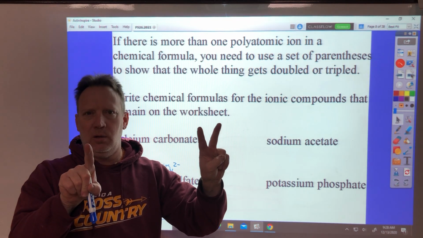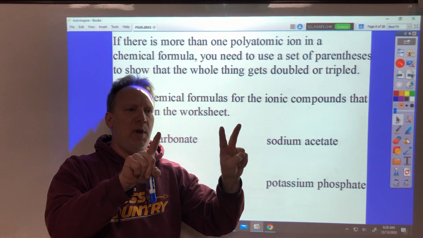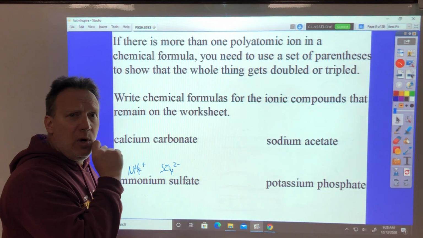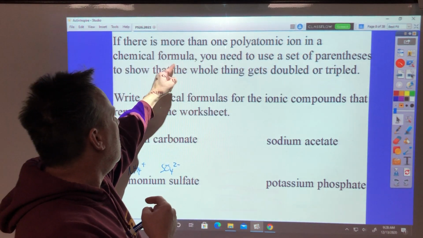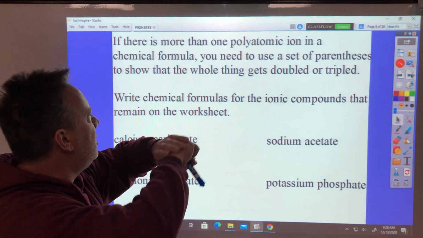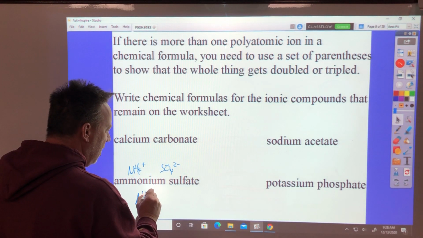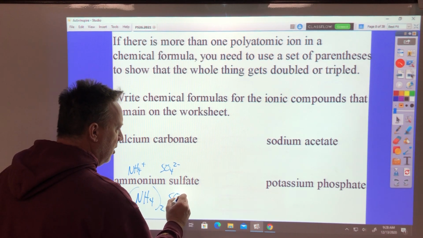This doesn't match. How do we make these match? I need another ammonium. I need 2 of them. Well, how do I show that? If there is more than 1 polyatomic in a chemical formula, you use a set of parentheses to show that the whole thing gets doubled or tripled. So this one is NH4, and I need 2 of them, and an SO4.